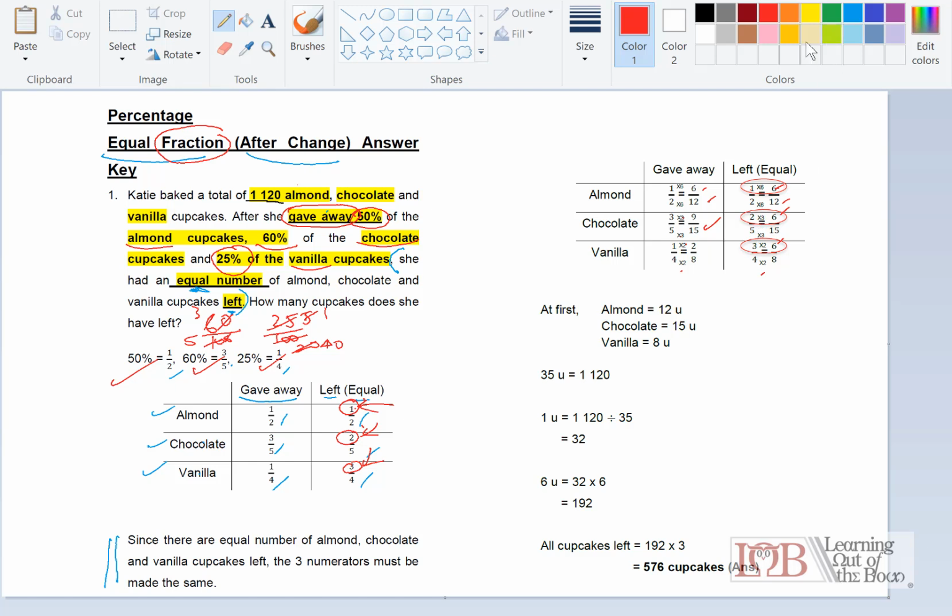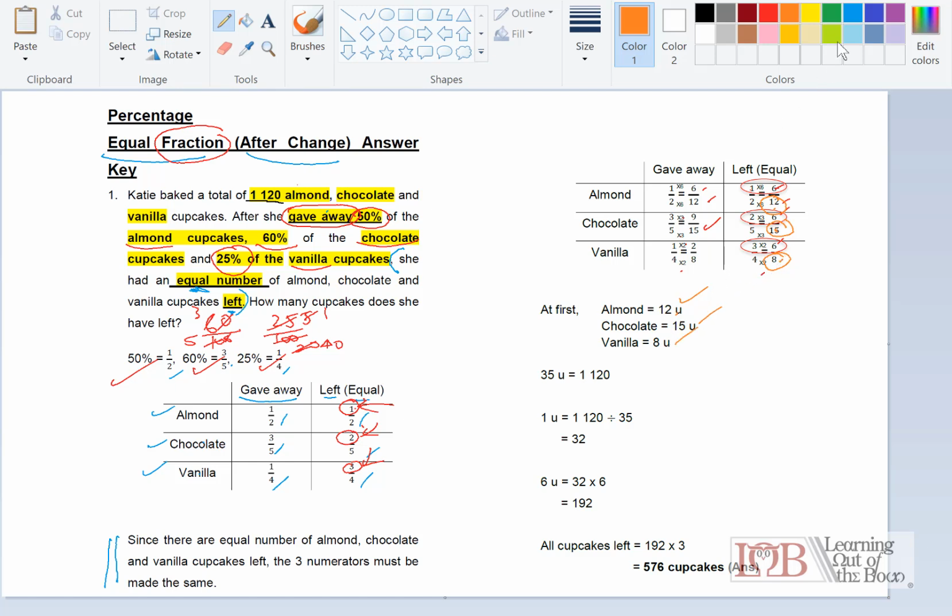Okay, now, there's something that you must know about the denominator. We have 12, we have 15, and we have 8. And this represents the actual units of the almond cupcakes at first. So 12 units. The actual units of chocolate cupcakes at first, so we have 15 because we have 15 here. And vanilla cupcakes at first will be 8 units from here.